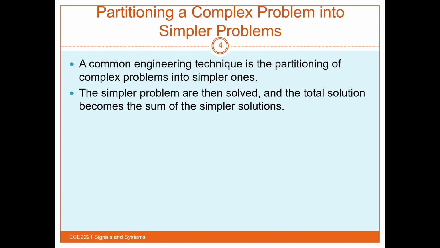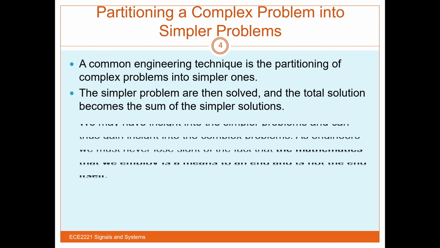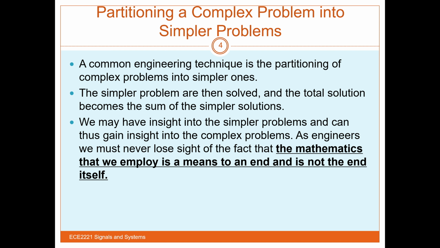Alright, so what we are doing in Fourier transform, basically, we will partition the complex problem into simpler ones or small equations. The simpler problems are then solved, and the total solution becomes the sum of the simpler solutions. That means we will divide it, convert, and then sum the simpler solutions. Okay. We may have insight into the simpler problems and can thus gain insight into the complex problem.